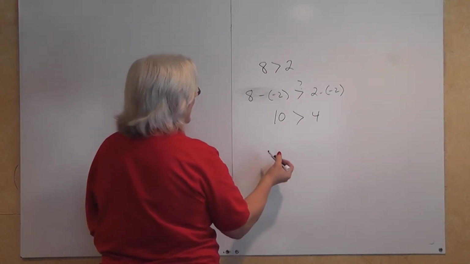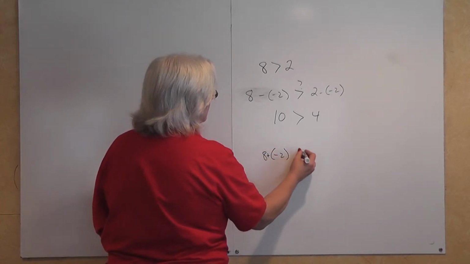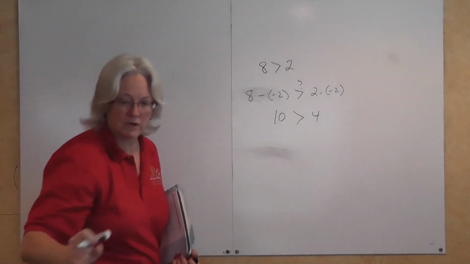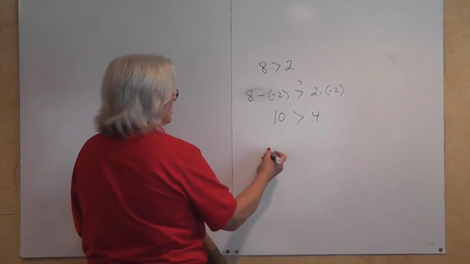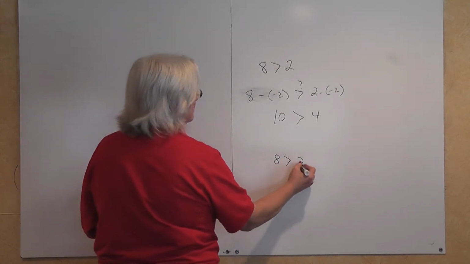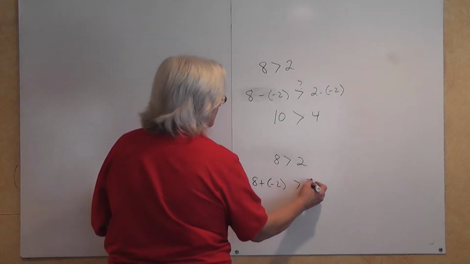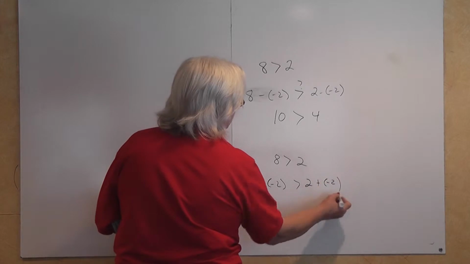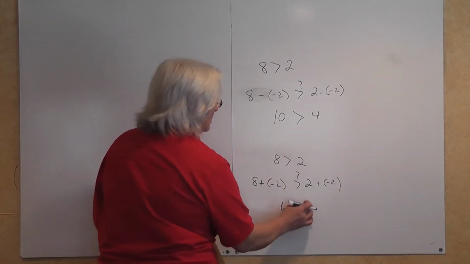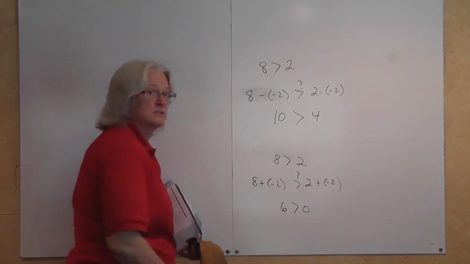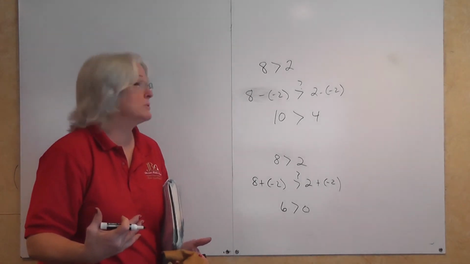Well, what if we want to add a negative number, plus a negative 2? Let me get my eraser here as I smear my board. If I start with 8 is greater than 2, I want to add a negative 2 to each: 8 plus a negative 2 and 2 plus a negative 2. 6 is still greater than 0, because subtraction is the same as adding the opposite.